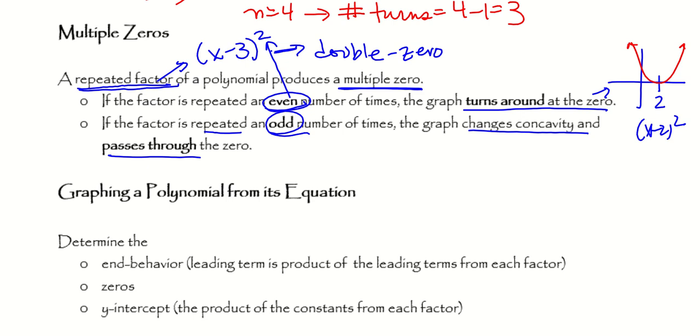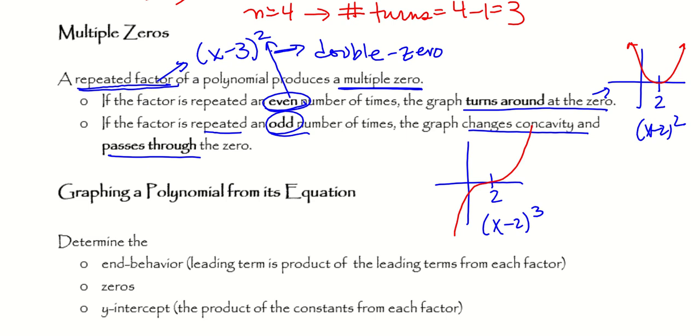If, in contrast, I had a factor of x minus 2 cubed, I would still get a zero at 2, but my graph would come up to that 2, and then it would change concavity.